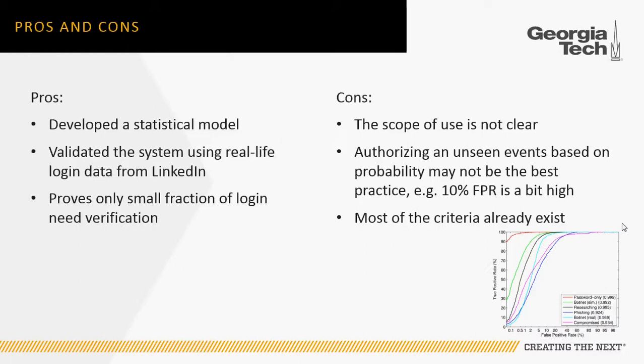For example, I think every website now is using IP address to determine whether the attack is interesting. So from this point of view, the paper provides a useful model, but it's not something breakthrough, and it's not something that can reshape the field.